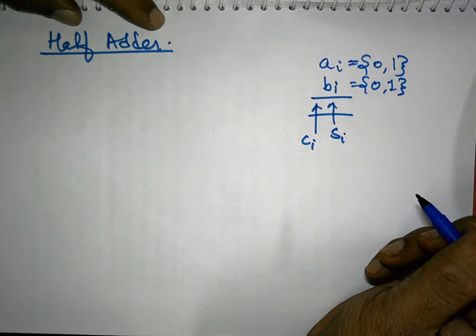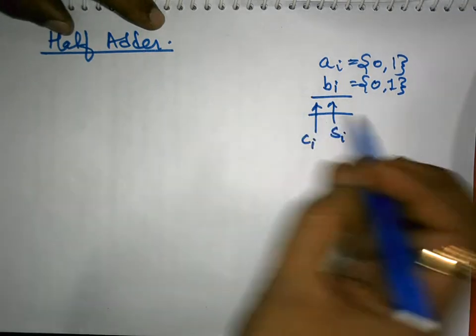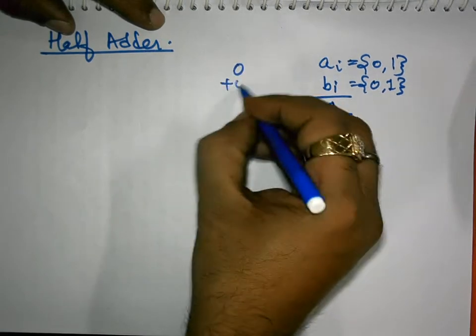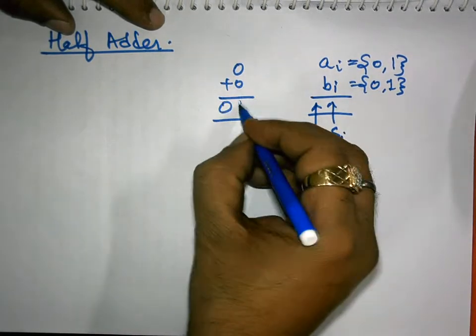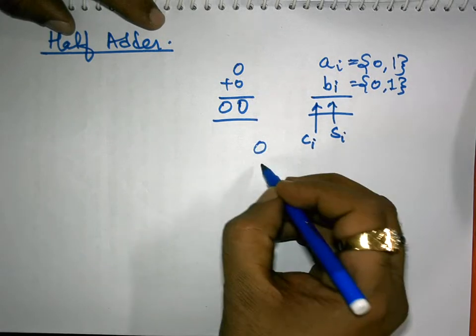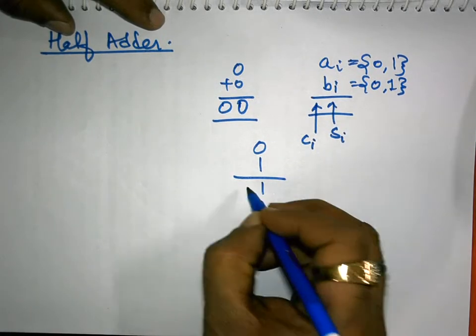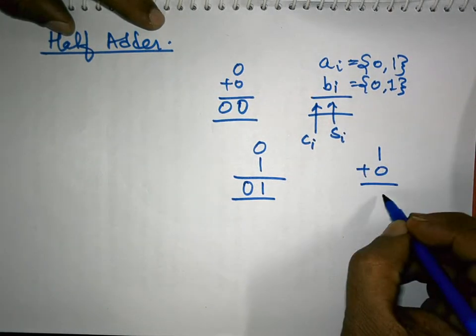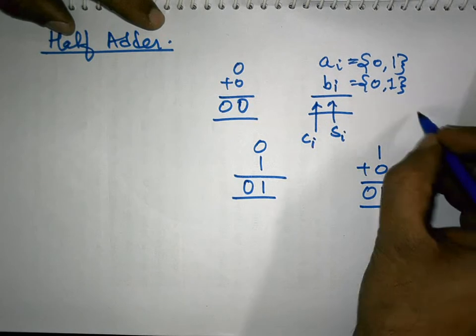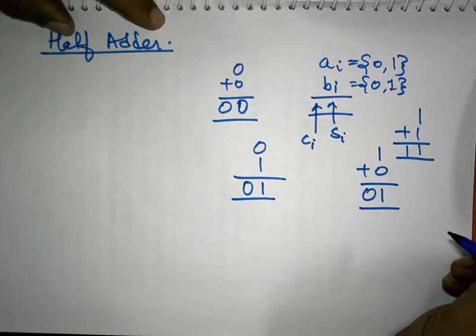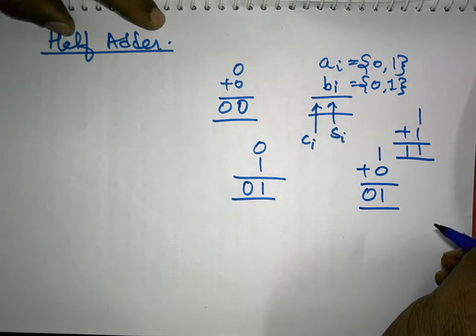If we look at the different combinations of 0 and 1, if 0 is added with 0, sum is 0 and carry is 0. If 0 is added with 1, sum is 1 and carry is 0. If 1 is added with 0, sum is 1 and carry is 0. And if 1 is added with 1, sum is 0 and carry is 1. Okay. Agreed with this?